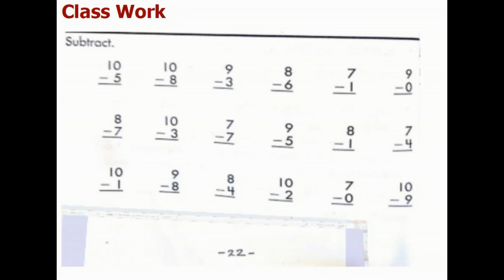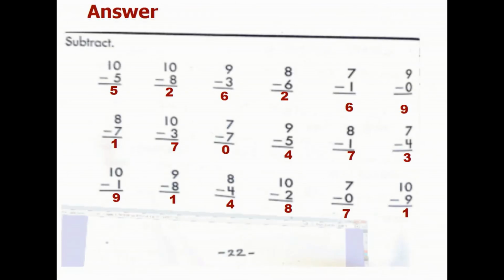All right. Have you finished? Read the answers. Now compare your answers with these and make corrections. Okay, students, have you finished? Good. Now, what is the answer for this one? Say for example, 9 minus 0.